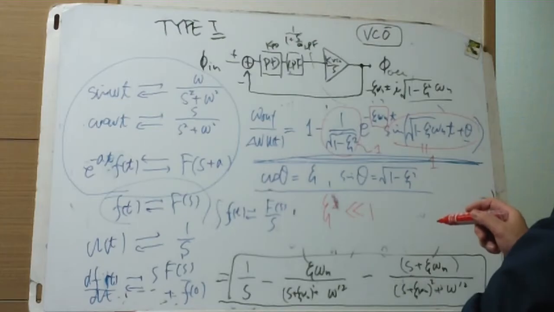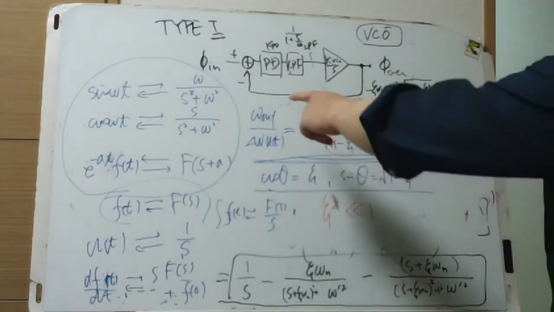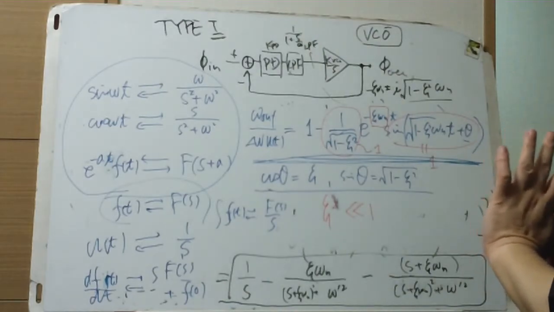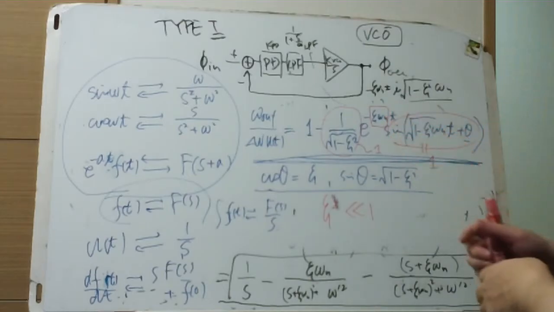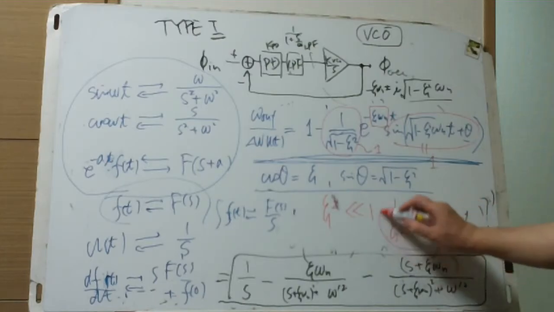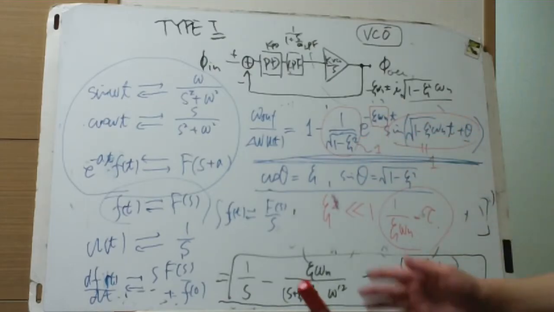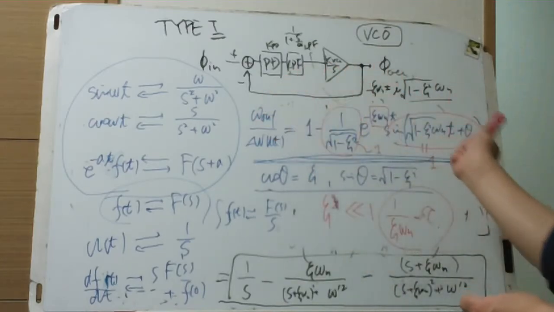For calculating the time constant, what time does it take to stabilize the frequency difference, the settling time? 1 over zeta omega n is the locking time, the settling time of this. For roughly calculating, they use this is 1 and this is 1, and the example solution is given like that from this equation.